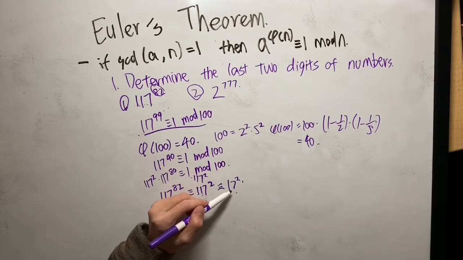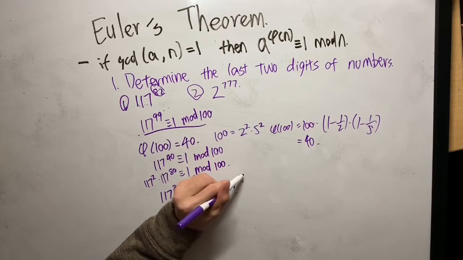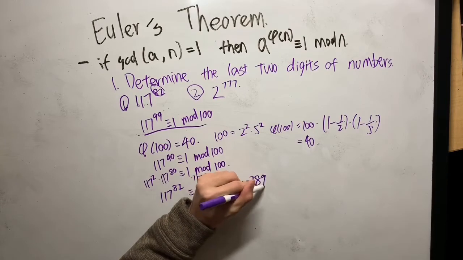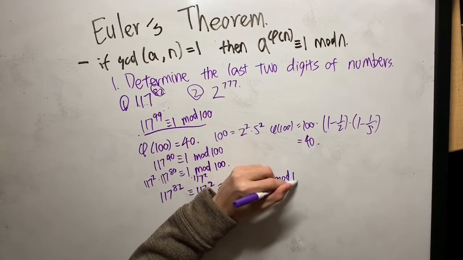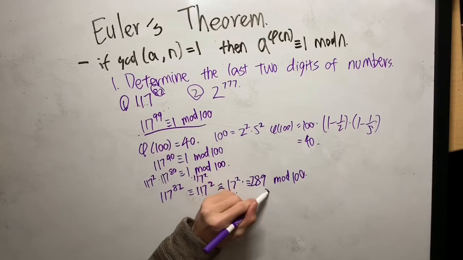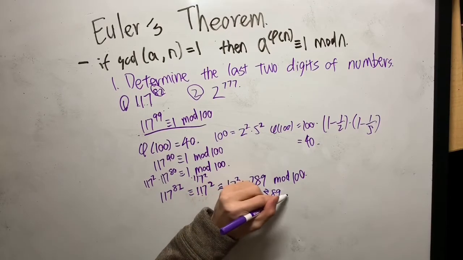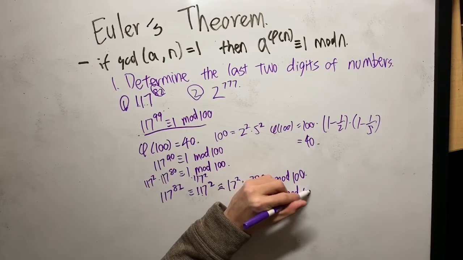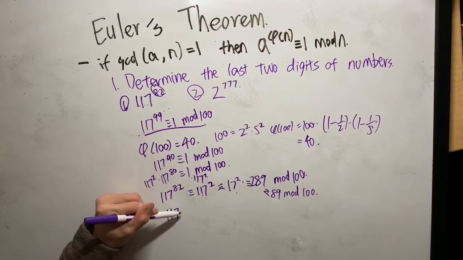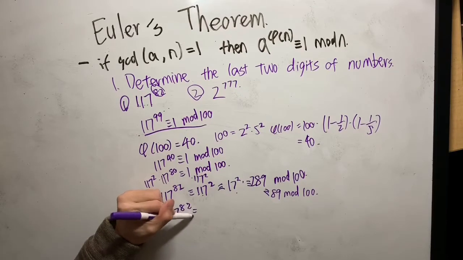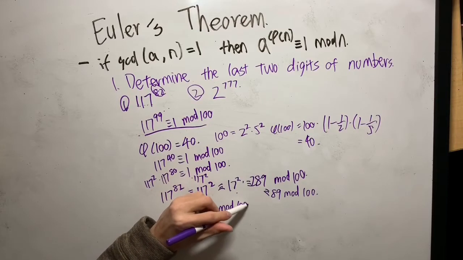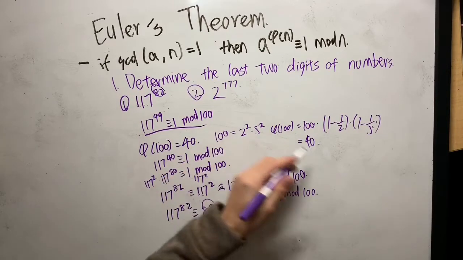So 17 squared equals 289, which is congruent to 89 mod 100. Thus 117 to the power of 82 is congruent to 89 mod 100. 89 is the last two digits.